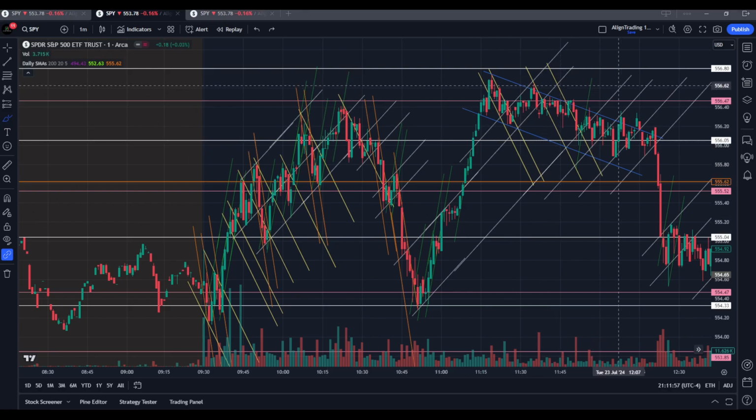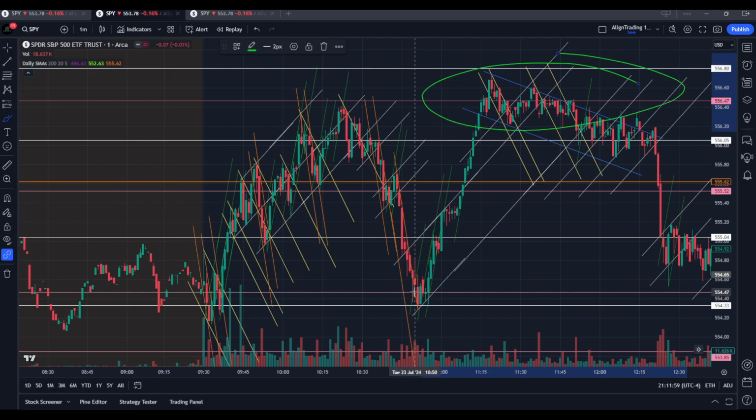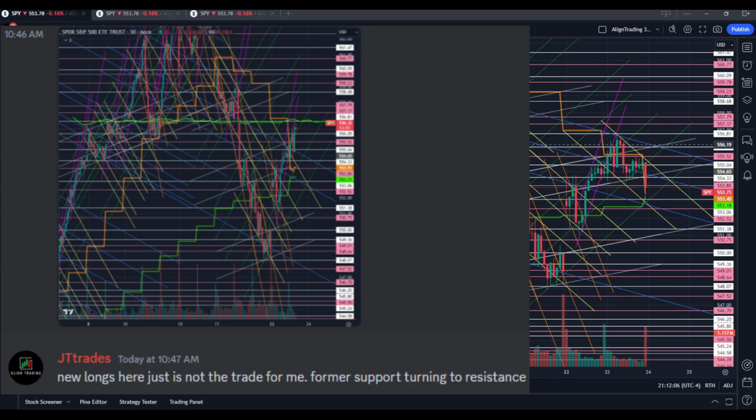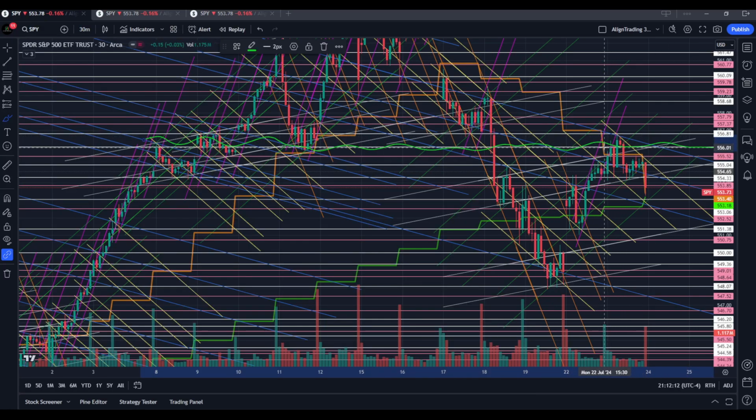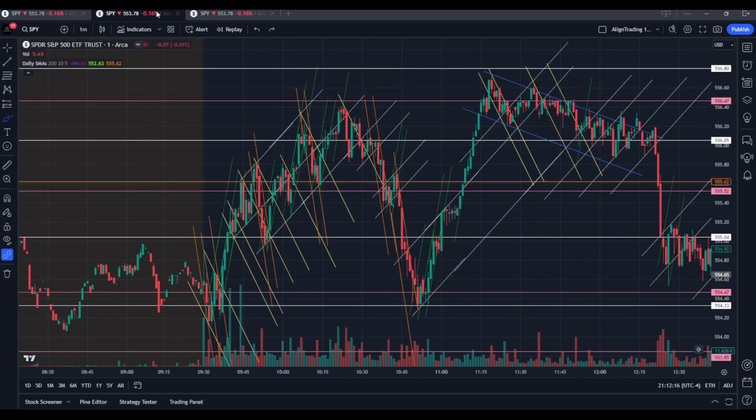Firstly, this would be a very poor area to be taking a new long, especially without the structure confirming it. So you can see that I posted right here that this area was previously support, and now we are turning it to resistance, right? You can see, and that's where we get this head and shoulder.